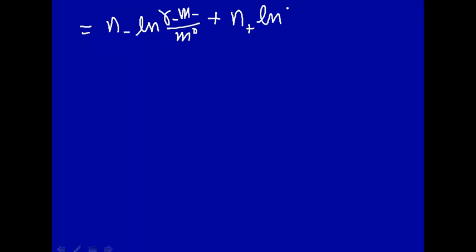So this is equal to n minus natural log of gamma minus m minus over standard state m0 plus n plus natural log of gamma plus m plus over m0.